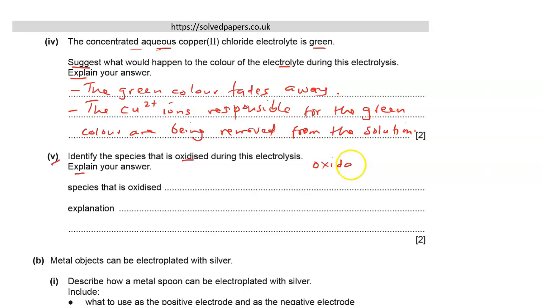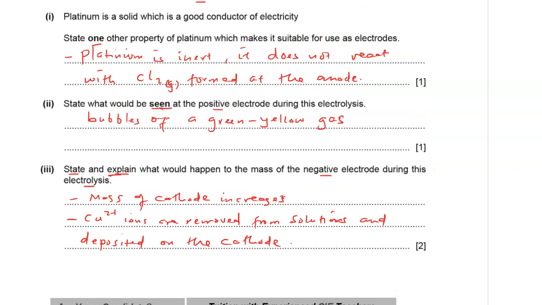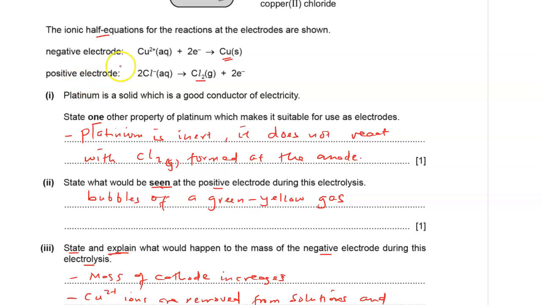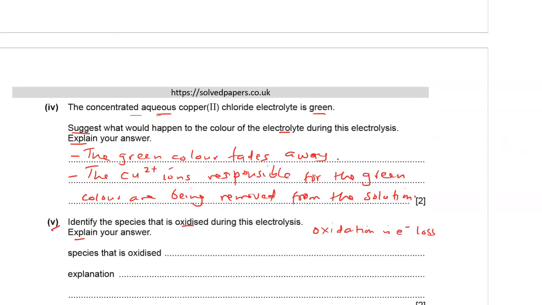Oxidation is electron loss. And in this reaction here, you can see chloride ions are the ones that are losing electrons to form chlorine. Copper ions are gaining electrons. So chloride ions are the ones that are oxidized in this reaction.